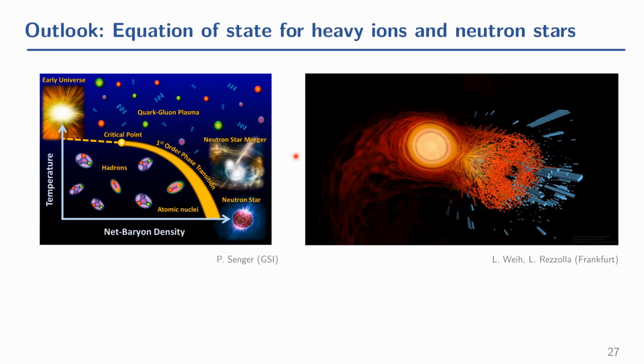Yeah. So the signature which has been studied and was proposed is the analysis of the ring down of the gravitational waves. Depending on whether you have a strong first order phase transition or a smooth crossover, basically the amplitude of the ring down is different, and I think it's still below the sensitivity of the observations which have been done so far.